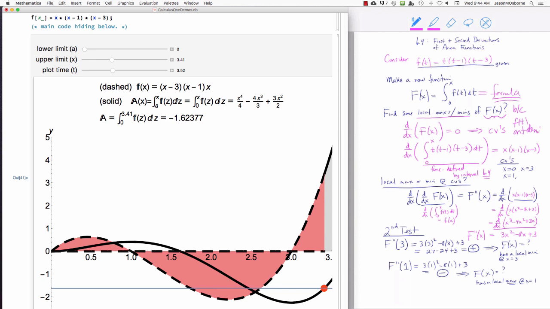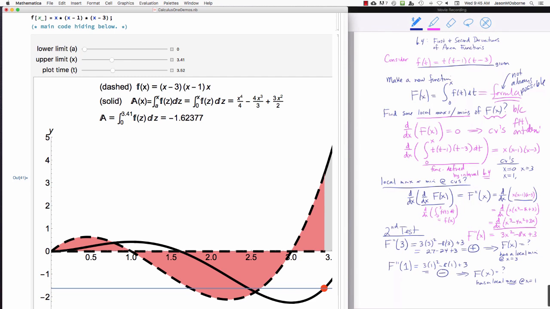So here on the screen to the left is your formula for your capital F of x function, your area function. And I'll leave you to show that that's what you get. But please keep in mind, not all functions that I write down here with an integral, capital F of x, will you be able to find a formula. This is not always possible. And that will be the subject of the next video.